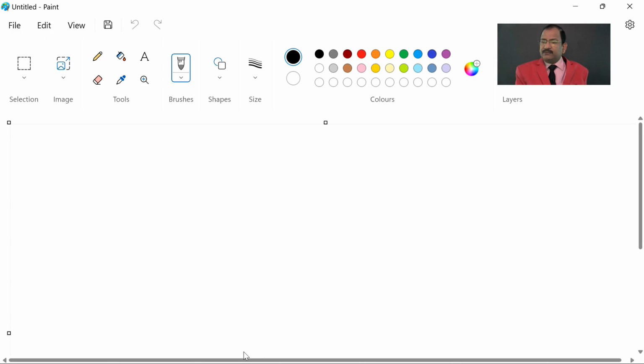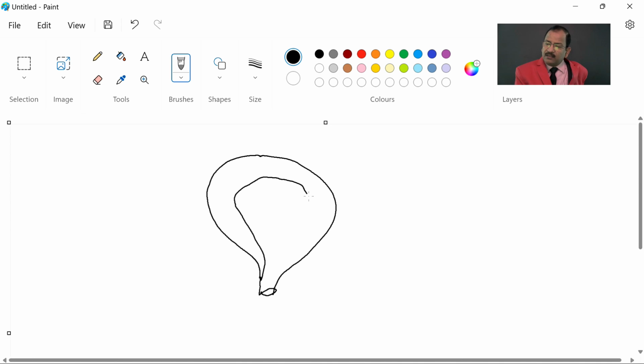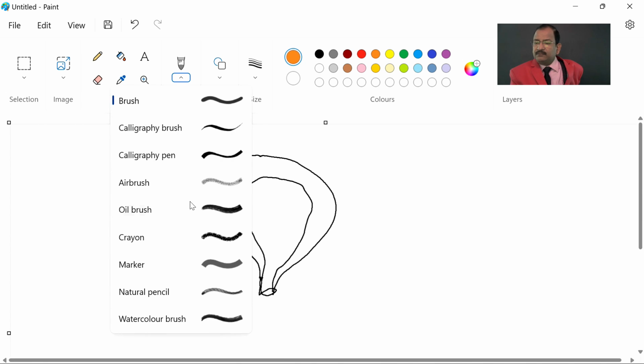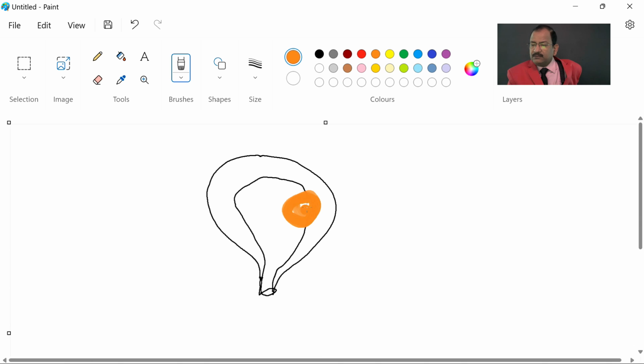Like, suppose this is the uterus, and here are the uterine muscles, and you have a myoma, and you are doing resection, and you are resecting like that, like this, and as soon as you have reached the surface, you should stop, and that much you should take out.